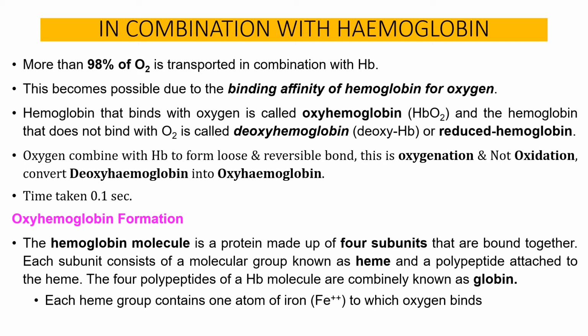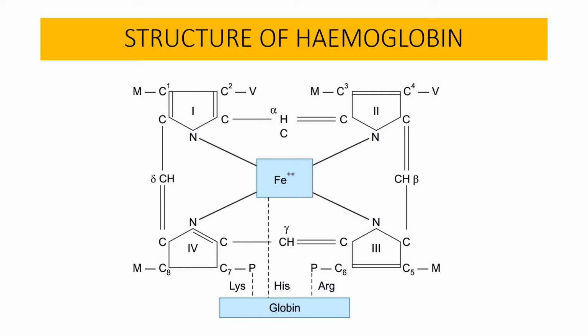The hemoglobin molecule is a protein made up of four subunits, you all know this, that are bound together. Each subunit consists of a molecular group known as heme and a polypeptide attached to the heme. The four polypeptides of a hemoglobin molecule are combinedly known as globin. Now, each heme group contains one atom of iron which binds to oxygen. See the structure.